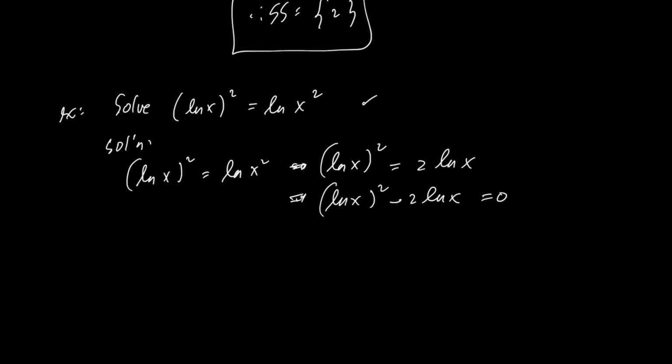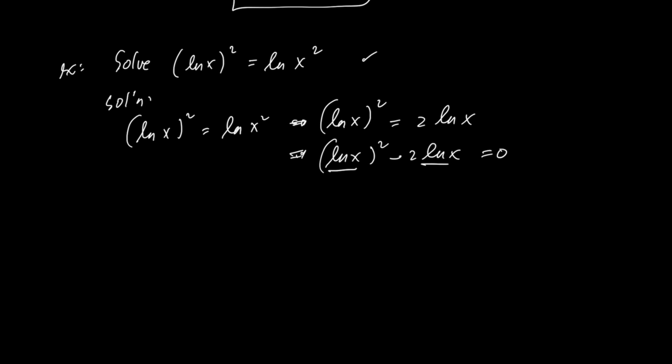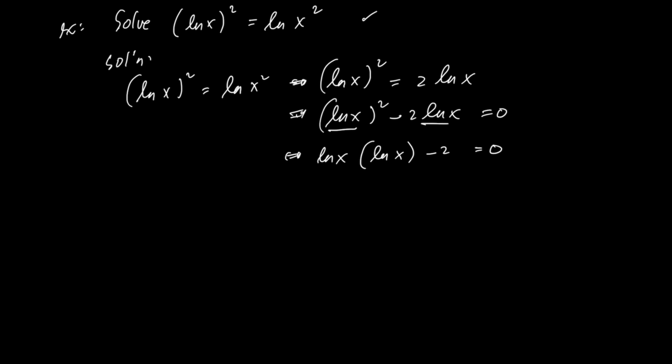So applying the addition property of equality. Take note, we have a common factor, ln of x. So we can factor out ln of x. So what remains here is ln of x, here is minus 2, equals 0.